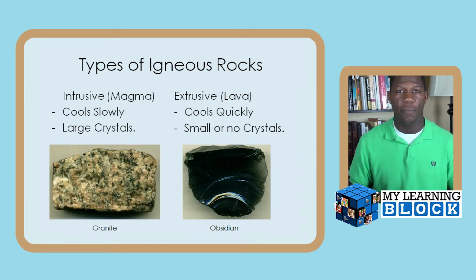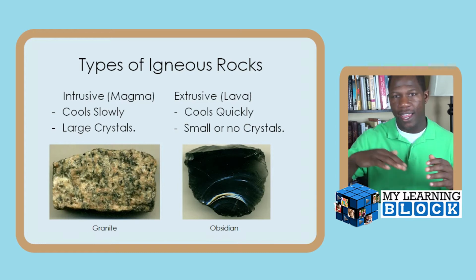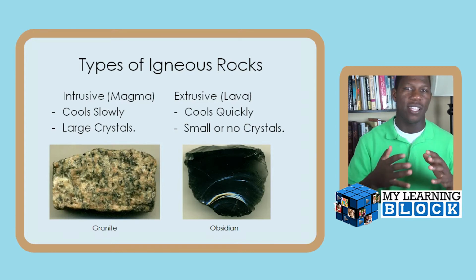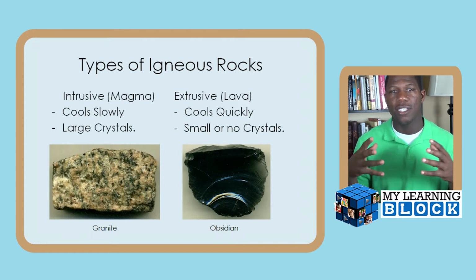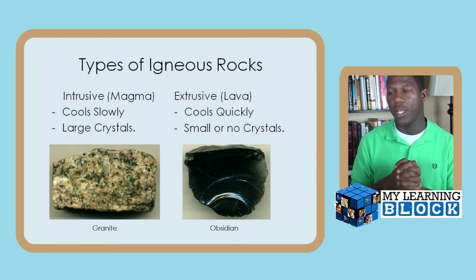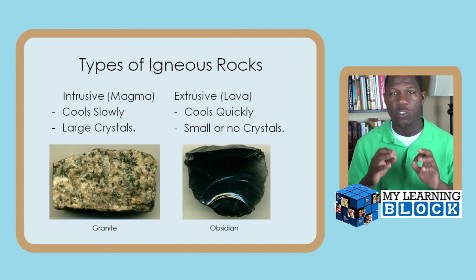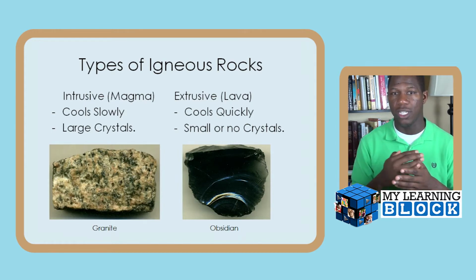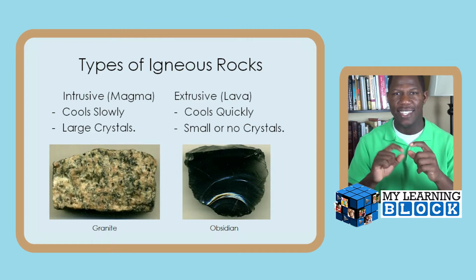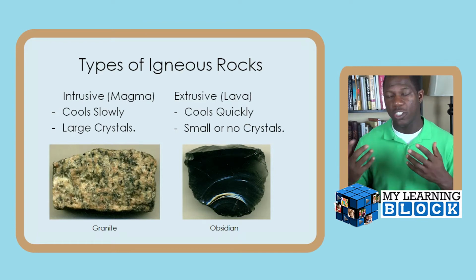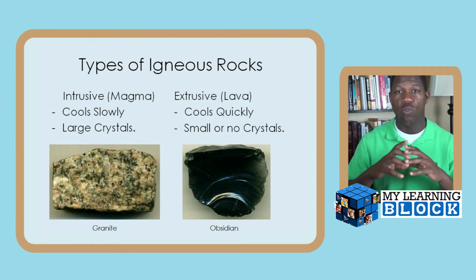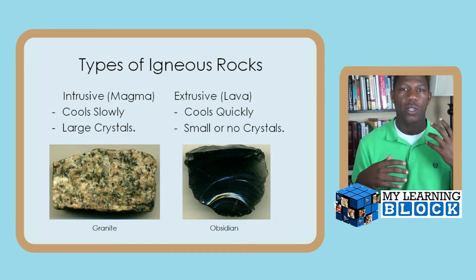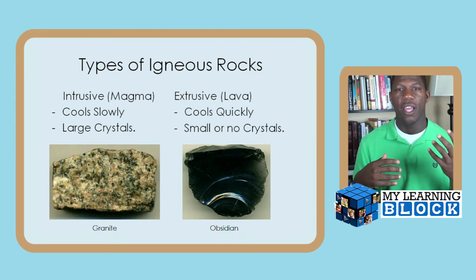When lava is on top of the surface of the earth, air and other things cool it very quickly, and the solidification happens very quickly, and it normally has small or no crystals. What that means is that the rock is usually shiny. It has that glass-like appearance. As you see in obsidian, it is really smooth and shiny looking, in contrast to the intrusive granite.